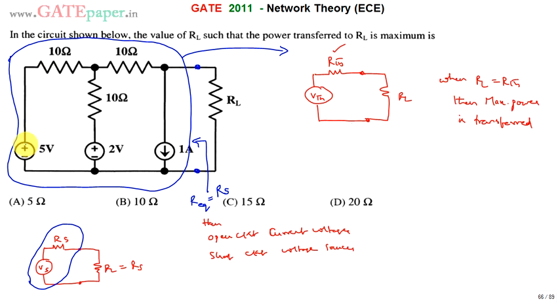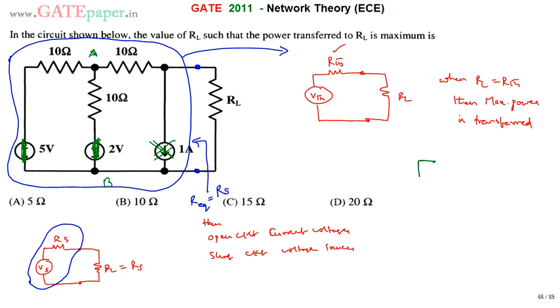This is the circuit of interest, and this will act as a short circuit. This is also acting as a short circuit because it is a voltage source, and this gets open circuited. So the equivalent circuit looks like this: this is the A terminal and this is the B terminal, the load terminals.